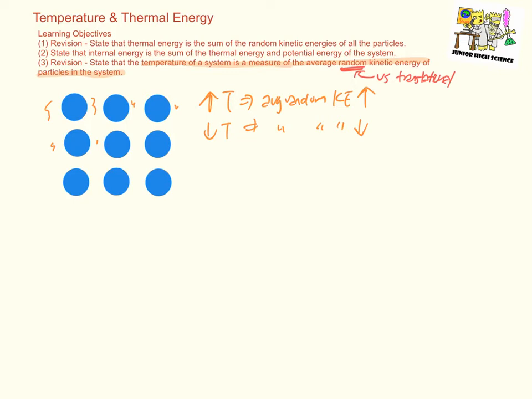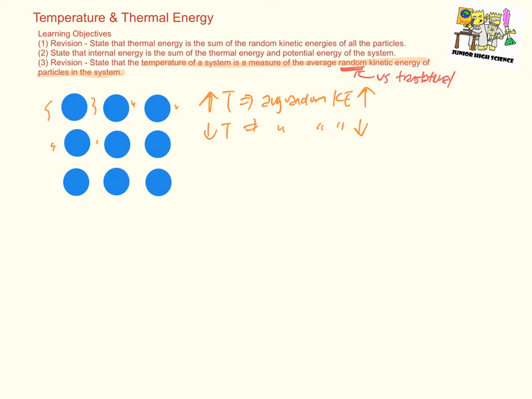The temperature of the water, even when you bring the water up onto a fast-moving plane, doesn't change, despite having additional translational KE, because temperature is only affected by the average random kinetic energy of the particles, which didn't change.